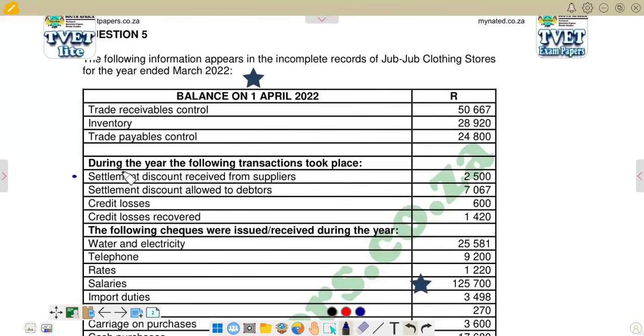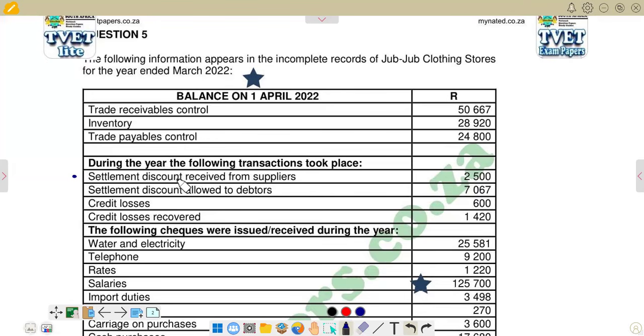So if you come down there, you'd see that we've got settlement discount received from suppliers. So what happens is when we pay these suppliers, we end on the opposite side, which is the debit side. So when they give us discount, we also end on the same side, which is the debit side. So the settlement discount received from suppliers is what we are going to put on the debit side.